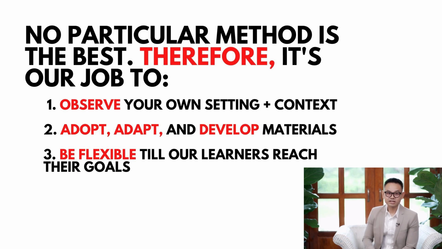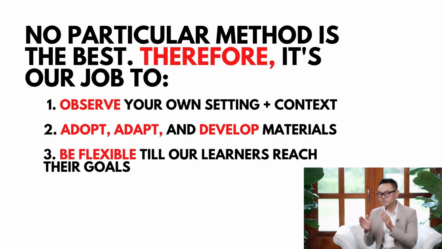Now, number 3, whatever you have in hand is not to be applied 100%, right? You have to be flexible. When you implement the materials, when you implement certain teaching methods in your situation, you have to observe and notice, and you have to be flexible until your learners reach their goals.